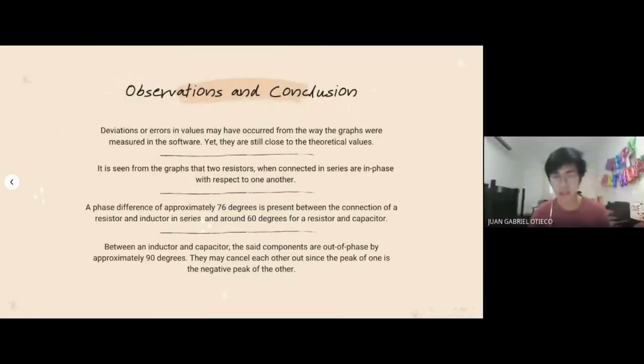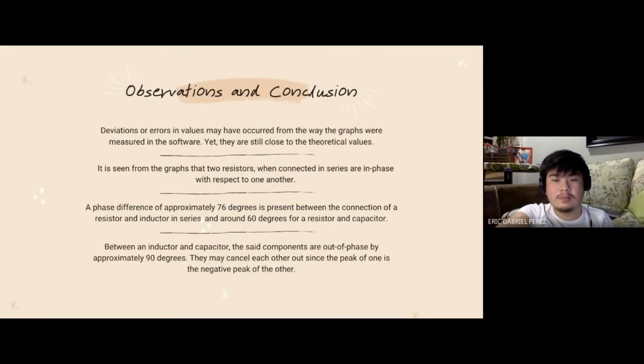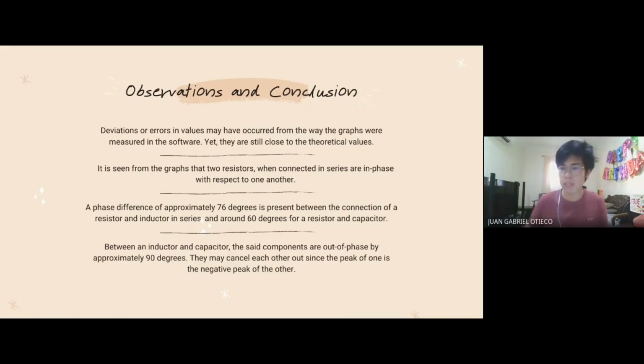Thank you. To sum up the experiment, we have related our observations and conclusions to the objectives of the experiment. First, relating the values of VRMS based on the transformer's 6-volt and 12-volt outputs, the values measured using the probe are precise since they indicate ideally optimal conditions.